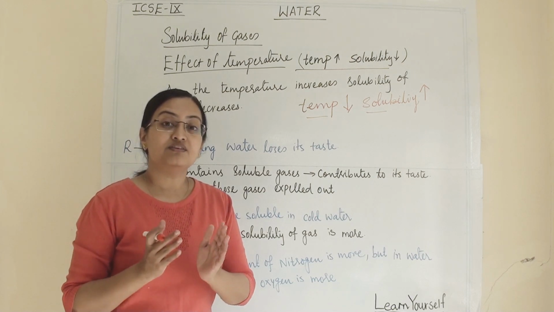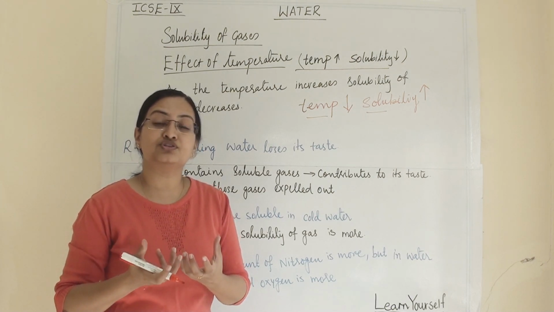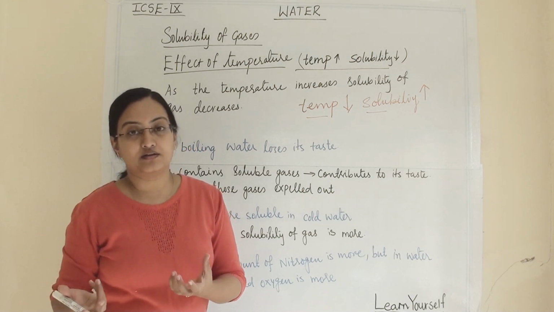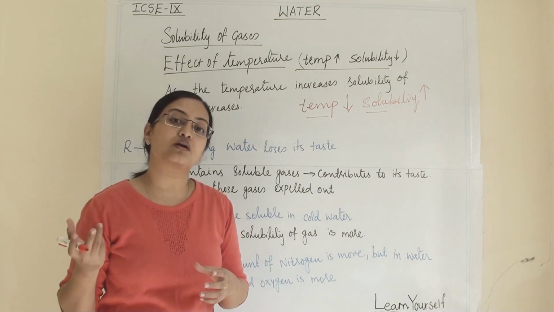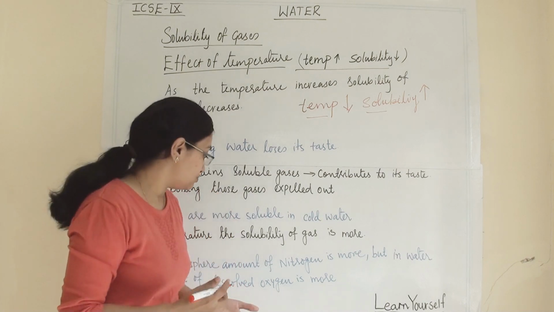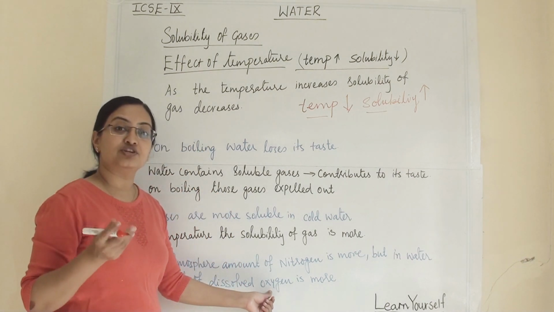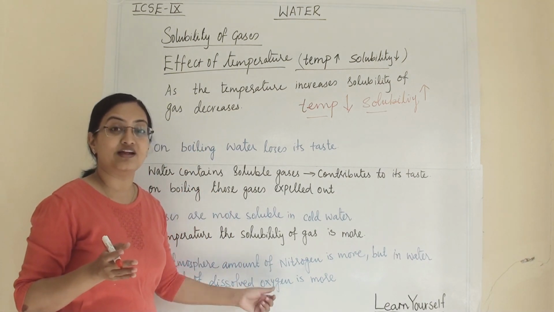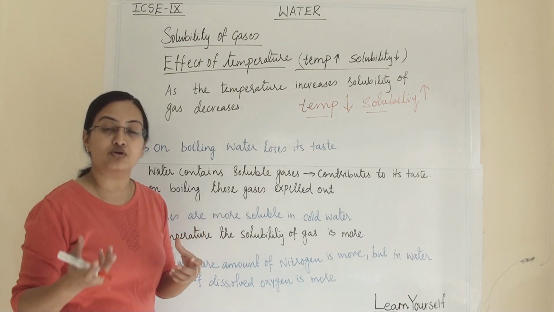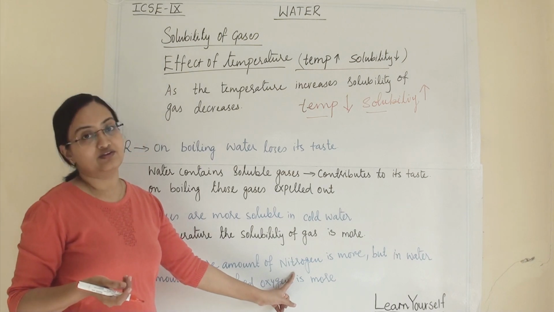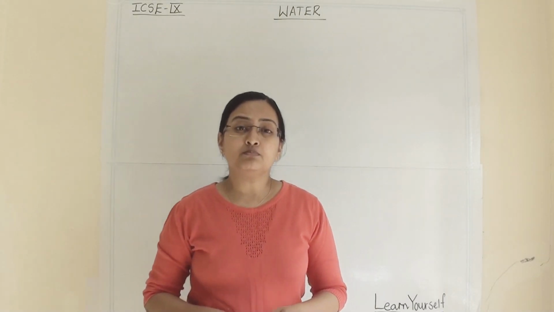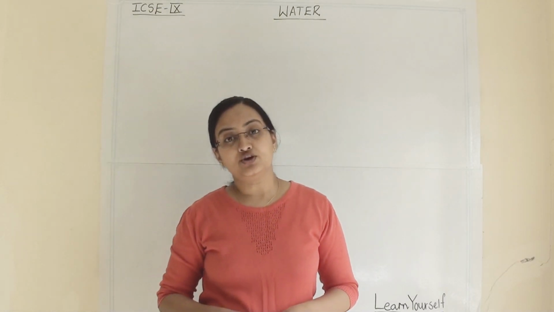But we have seen that the amount of oxygen is more in water, because oxygen's solubility in water is more compared to nitrogen. So it is also beneficial for aquatic animals that there is an ample amount of oxygen dissolved in the water and not nitrogen. So these are some of the important points from solubility of gases.